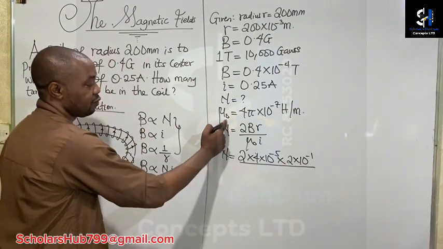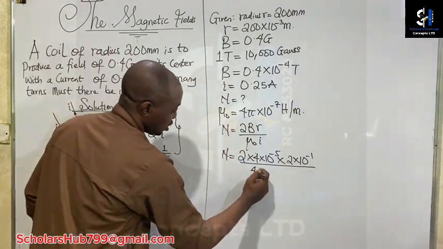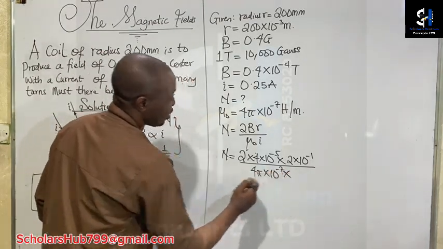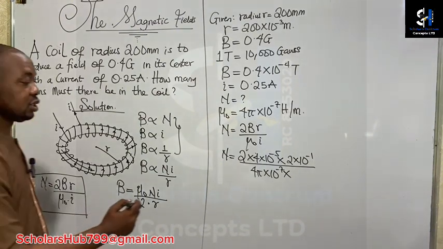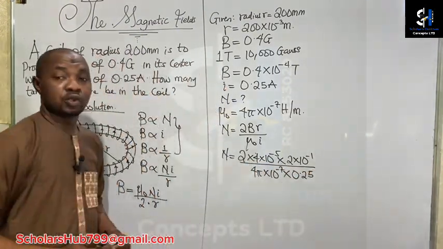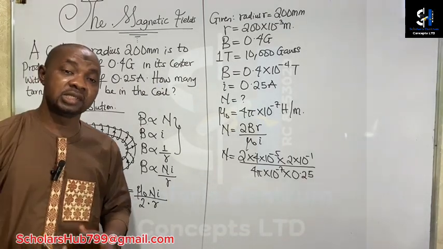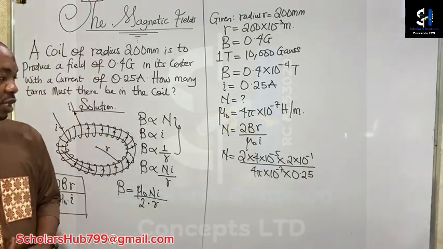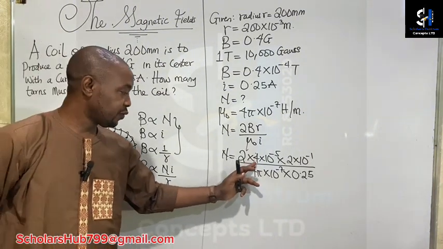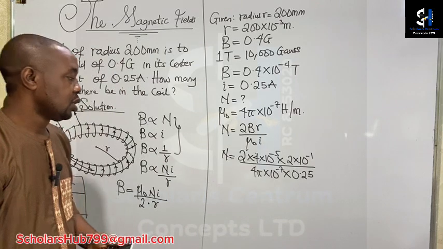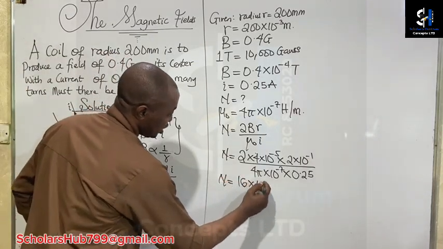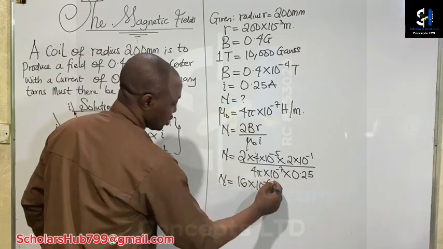The permeability of free space is 4 pi times 10 raised to the power of -7, multiplied by the current, which is 0.25. Remember, the number of turns has no unit because it is a dimensionless quantity. Now let's get the value for N. 2 times 4 is 8, and 8 times 2 is 16. So N equals 16 multiplied by 10 raised to the power of -6.